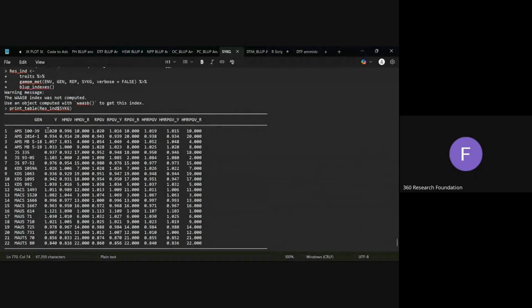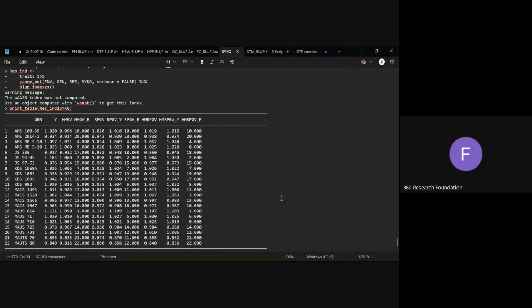So in the first column, you will get mean values. From these mean values, can you tell which genotype is the superior performer? Only from this mean value, don't look at the other factors.